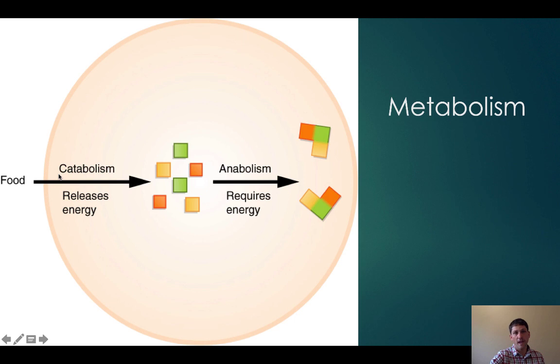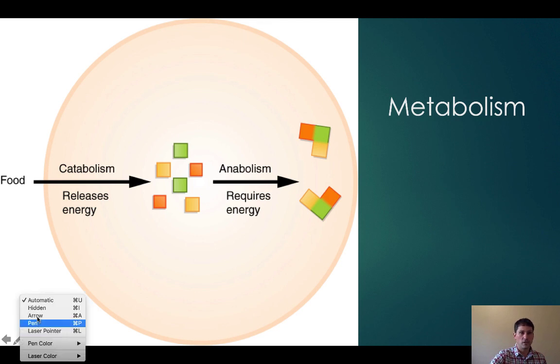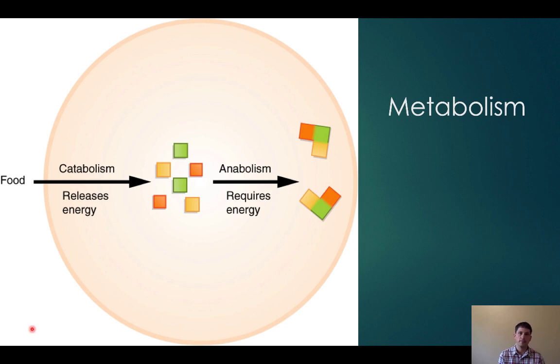So catabolism is breaking down larger substances into smaller substances, and by doing so, we release energy. I'm also going to pull up a laser pointer here, and we'll keep this down here so I have it when I need it. Then our anabolic reactions take our component pieces and build larger structures.